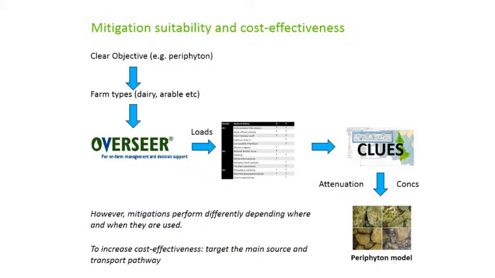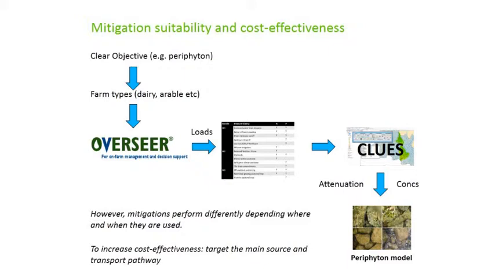We then say, okay, in that load of N or P or sediment or fecal indicator bacteria, what is the effectiveness and cost of those mitigations via that bundle? And you've already seen 2 presentations right at the start of the day which translate those loads into concentrations and then also biomass, for example.